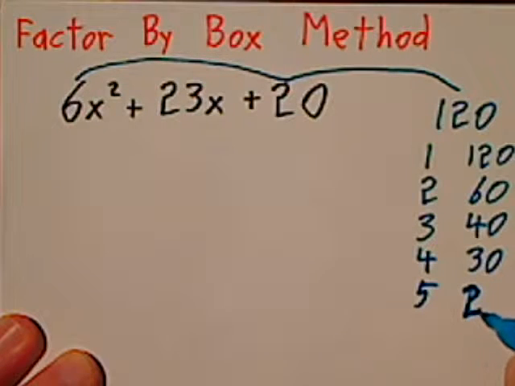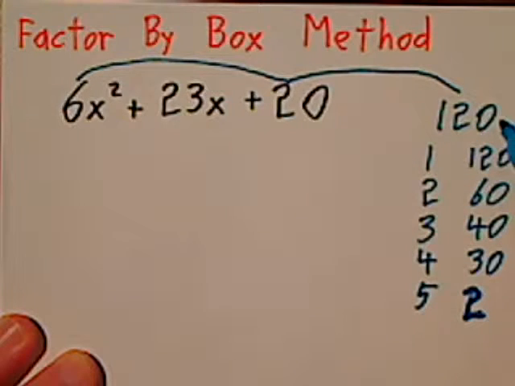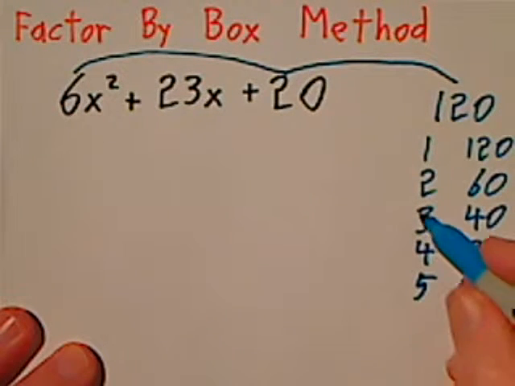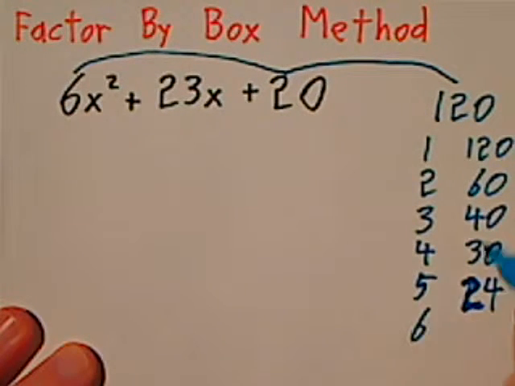So we'll just make that a 2. And there'd be 20 left over, so that'd be 24. So 5 times 24 is 120. 6, double the 3, cut 40 in half.